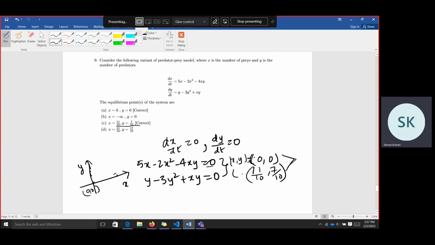Now suppose the predator count is decreasing. So there is decay in predator count. As predator count decays, what happens? Because of this dynamics, the prey count will increase.